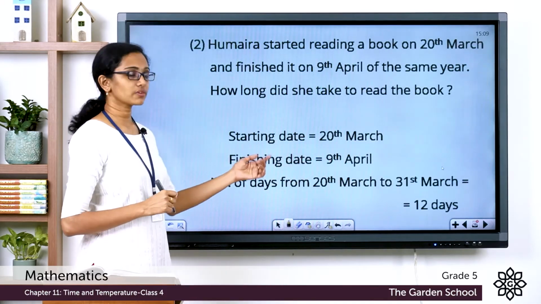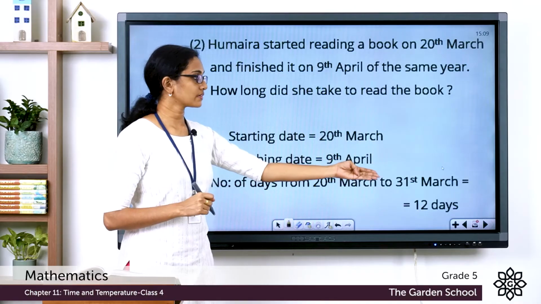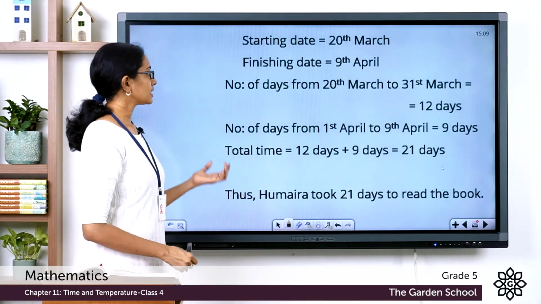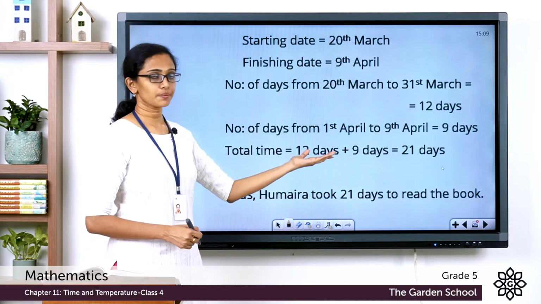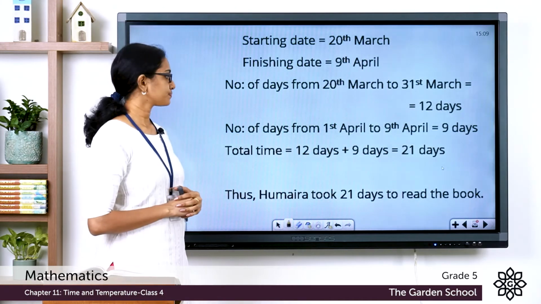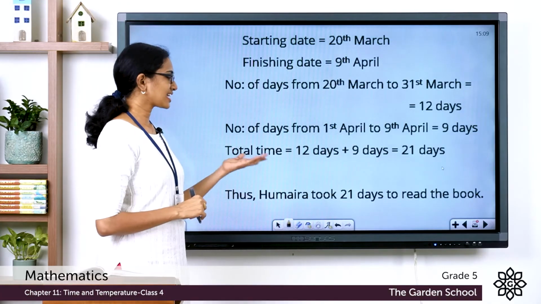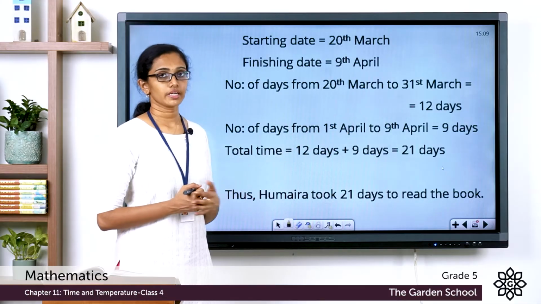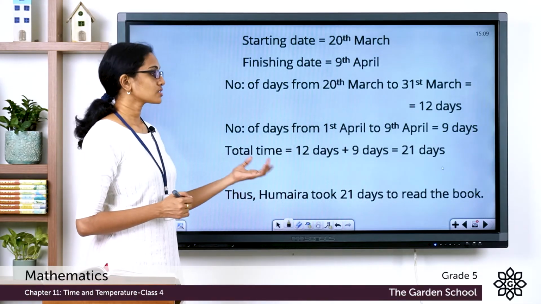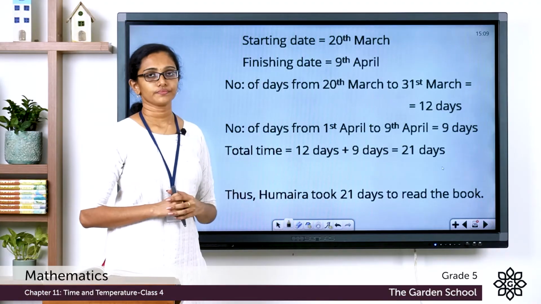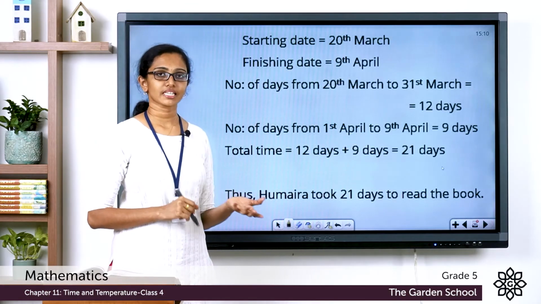The number of days from 20th March to 31st March is 12 days, and the number of days from 1st April to 9th April is 9 days. So the total time is 12 days plus 9 days, which is equal to 21 days. So Humaira took 21 days to finish reading the book. I hope this example is clear to you.